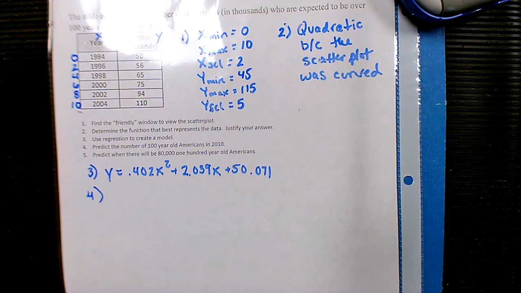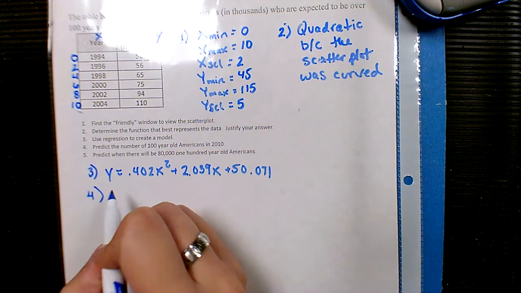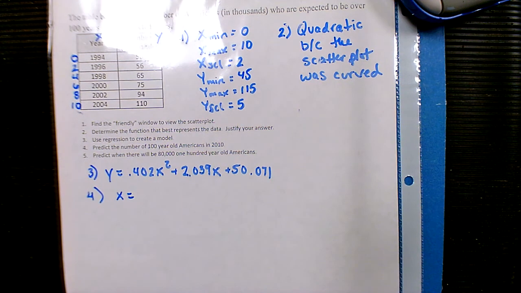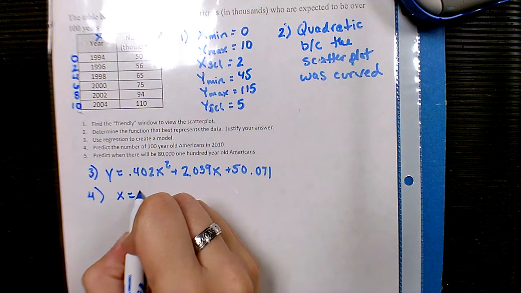How might we use the equation to help us answer that question? Good, Ashton? Plug in for x. So the question is, what do we plug in for x? Good, Marie? 16. How'd you get 16?